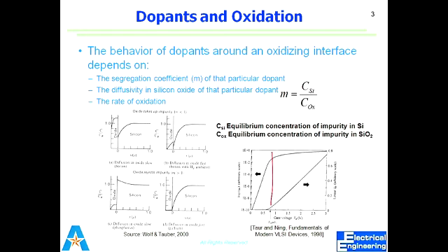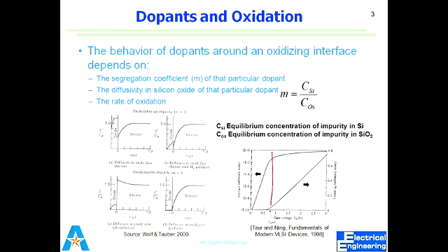Am I right? If m is equal to 1, it means that the equilibrium concentration is the same in both silicon and silicon dioxide. But due to the volume, if in 1 micrometer cube we have 10 impurity atoms, in 2 micrometer cube we should have 20, because the equilibrium is the same.